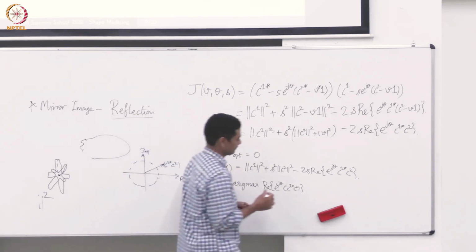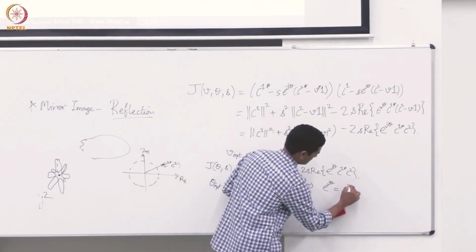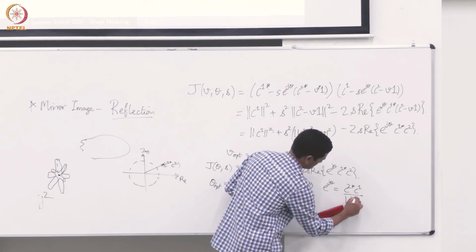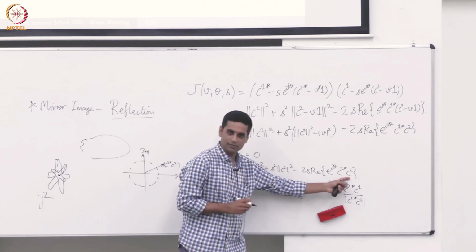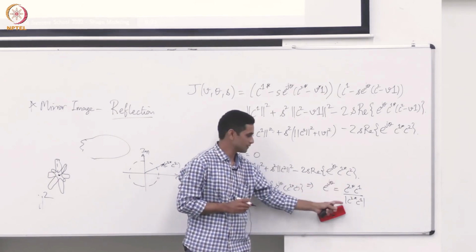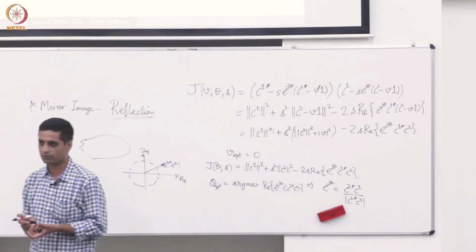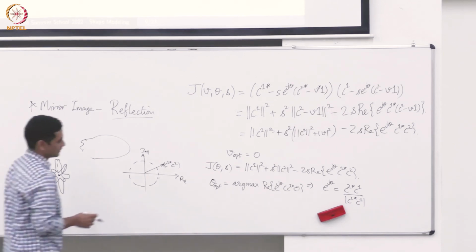It has to be the complex conjugate of this complex number just divided by its norm, because you want a unit magnitude complex number. That is e to the power j theta.